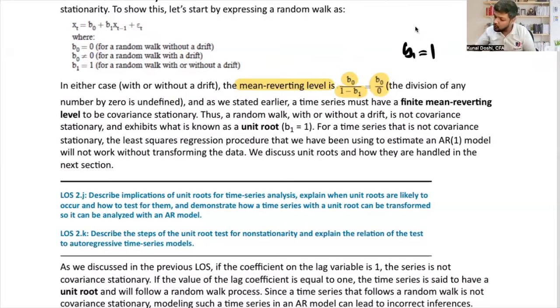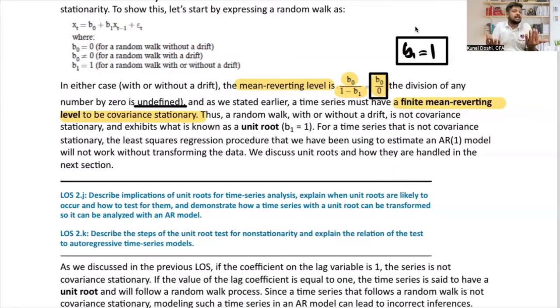Because B1 is equal to 1, the answer will be any number divided by 0, and any number divided by 0 is not defined. Your calculator throws you an error. That means a time series must have a finite mean reverting level, but in this case, it will not have a finite mean reverting level.